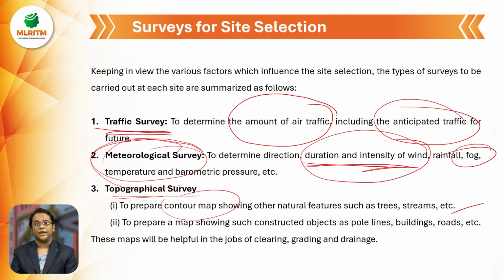So in the preliminary topographic survey of that area, we have to select a location that is free from trees, streams, valleys, mountains and hills, which helps us in removing these obstructions. And also to prepare a map showing constructed objects such as pole lines and buildings, which are man-made obstructions.